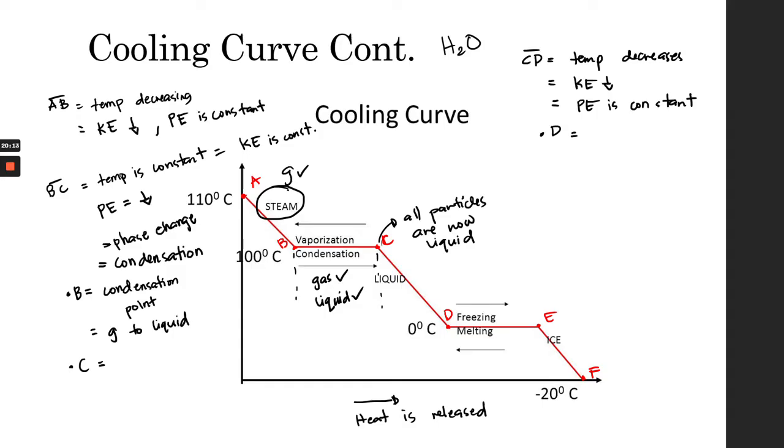And point D is what we call the freezing point. Because at section CD, all particles are liquid, and the particles are slowly slowing down as the temperature decreases until it reaches the freezing point, wherein a phase change again occurs at D to E. So the energy being released is not causing the temperature to decrease but to phase change.